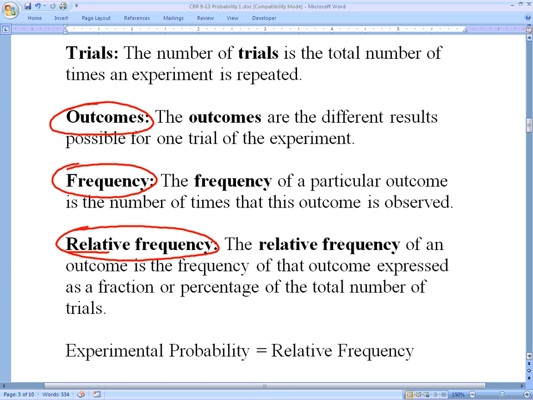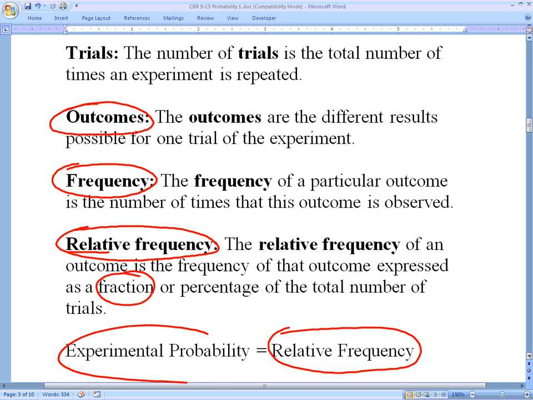So if you take a frequency and you express it as a fraction or a percentage of the total number of trials, like 5 out of 100. Oh, 5 out of 100, that's not so much. 50 out of 100, okay, that's a little bit better. Again, we have something to compare to, and again, that would be the total. So relative frequency is basically just another way of expressing probability. The thing we're talking about compared to the total, written as a fraction.